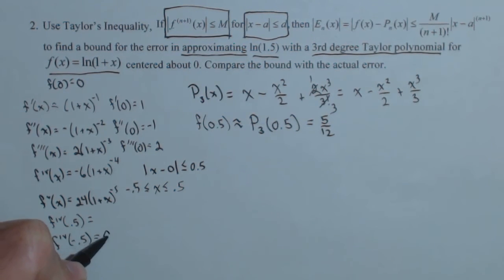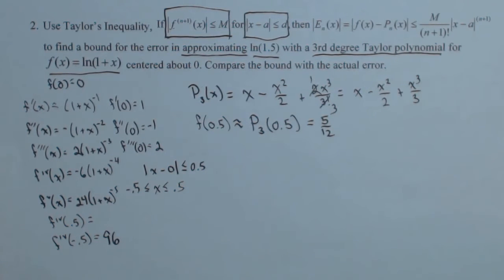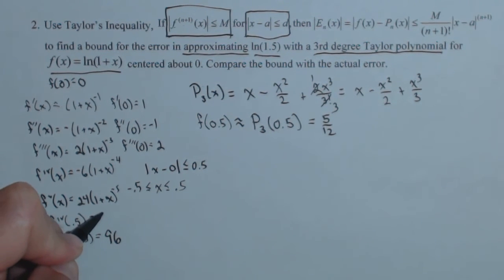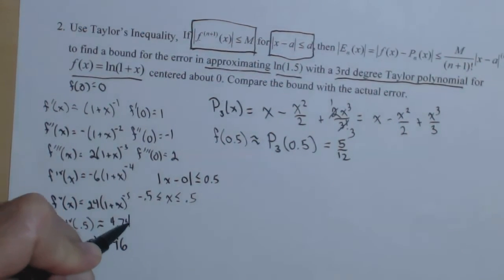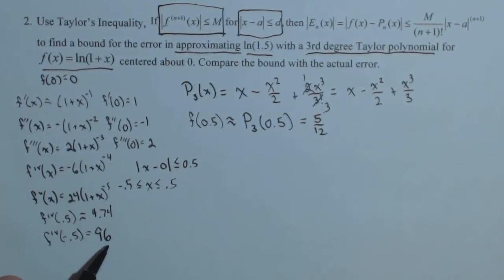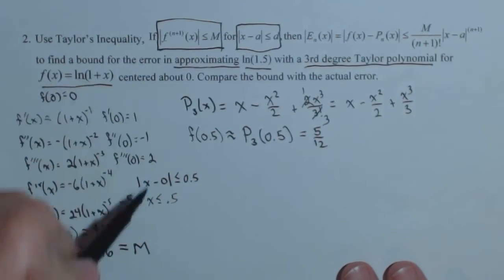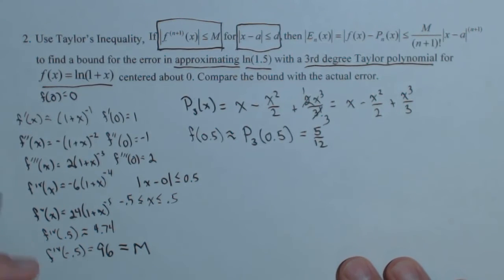At negative 0.5, we get 96. This is clearly larger. This is what we're going to use for our m. So that m that we were talking about as the bound is going to be 96.